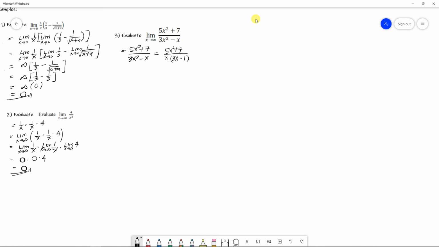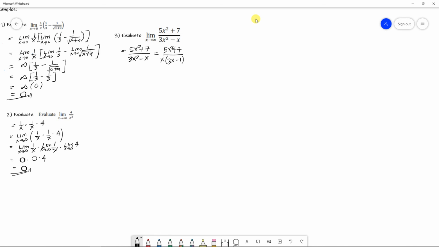Okay, dito kasi sa original, infinity minus infinity undefined na. So we cannot do this kind of factoring. Okay, nasusundan ako. So ulitin ko. For example, I have 5x squared plus 7. Ang mapafactor lang natin is x sa denominator. So we have 3x minus 1.